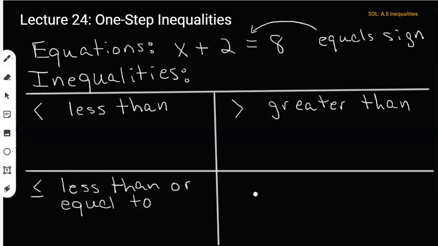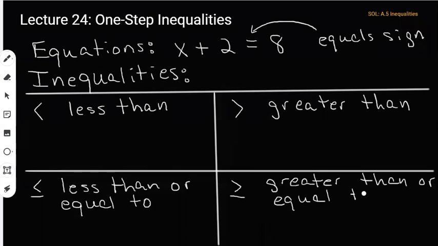And then the last one that you learned about is the greater than or equal to. I'll put that one over here. So this is greater than or equal to. So these are the 4 that you need to know, and we're going to talk about all 4 of them today.